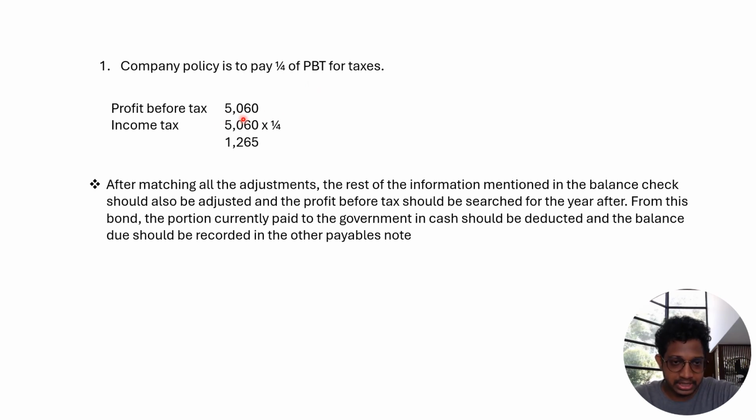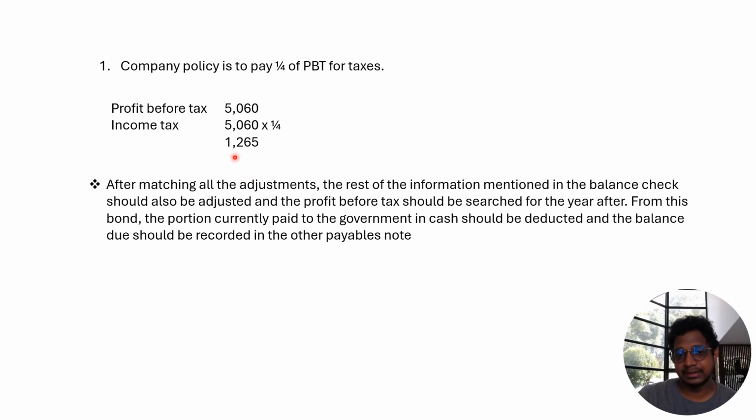Your profit is given, so you have to do the first four adjustments as I mentioned, then record the other transactions in the trial balance in the right place, find all the expenses, move them to the income statement, and then find the profit. After that, you can do this adjustment, right? The profit you will get is 5,060, a quarter of that is 1,265.